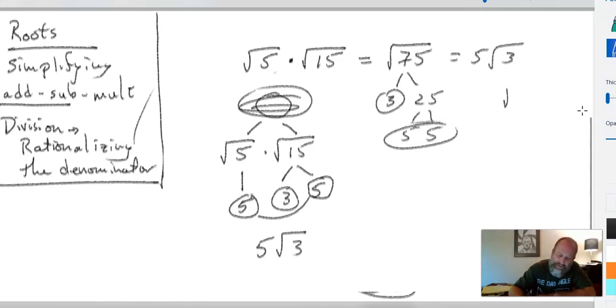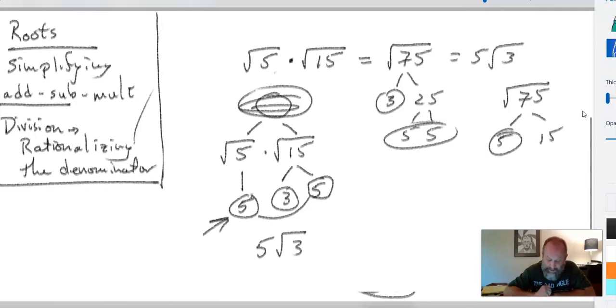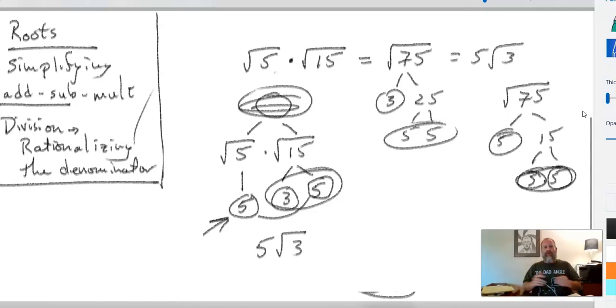But notice, if I do the square root of 75, since I multiplied 5 times 15 to get 75 in the first place, I could just break it up to 5 times 15. 5's prime, that's what I did there. And then 15's 3 times 5, and that's this piece. So I still get the same thing regardless.